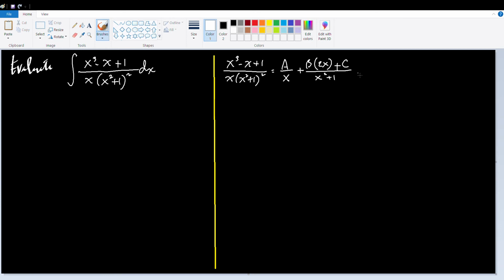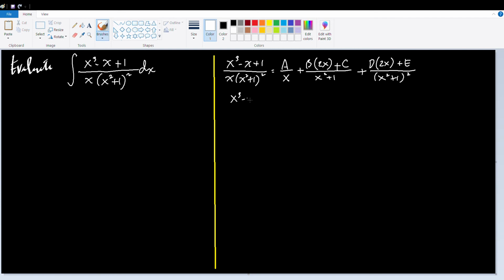So we add another partial fraction because x squared plus 1 is raised to the power of 2. So d times, again, the derivative of x squared plus 1, which is 2x, plus another constant e, all over x squared plus 1 quantity squared.